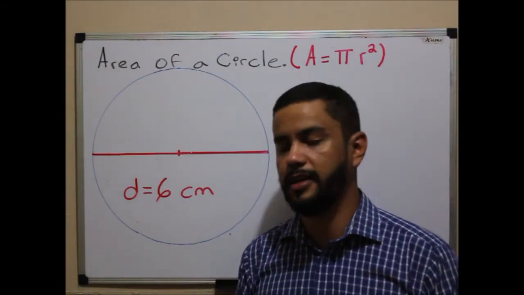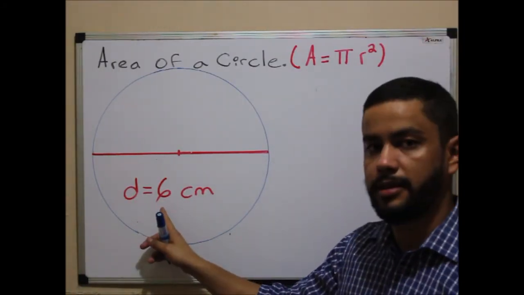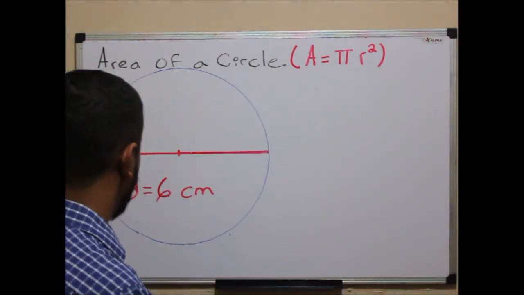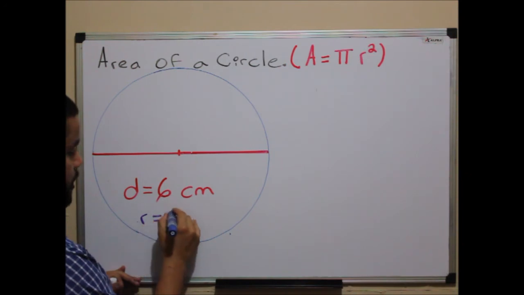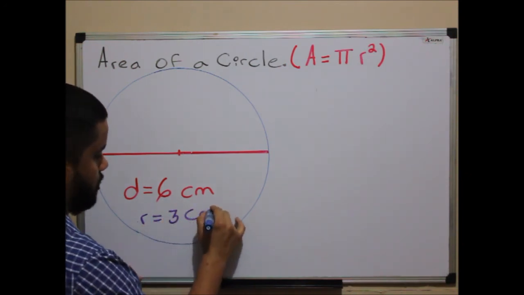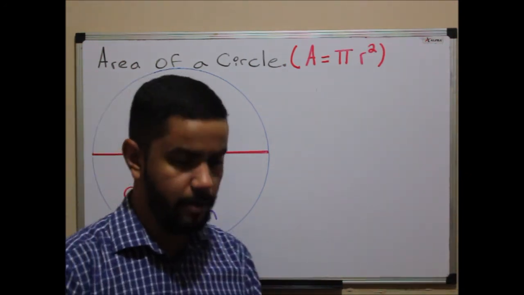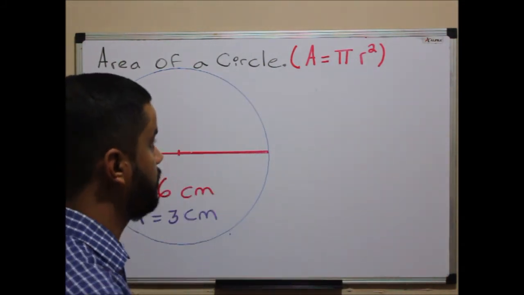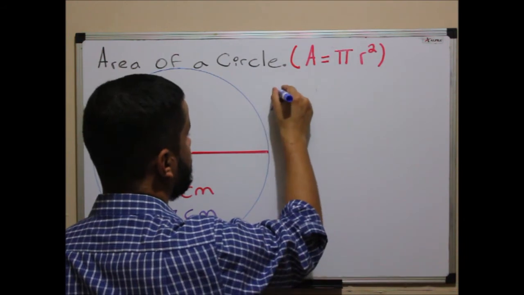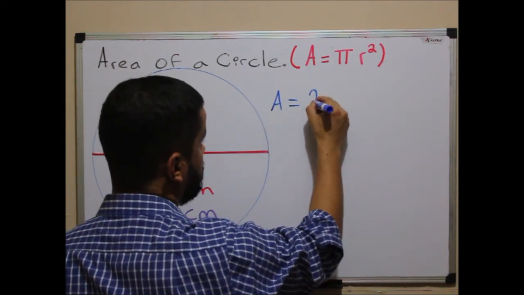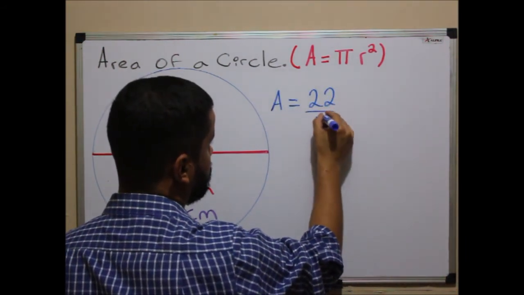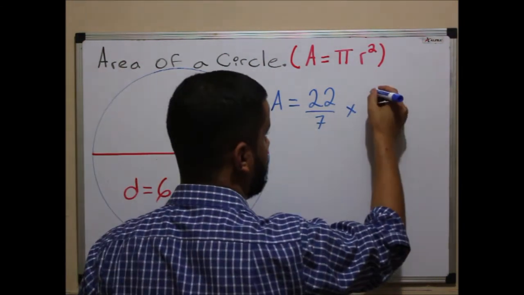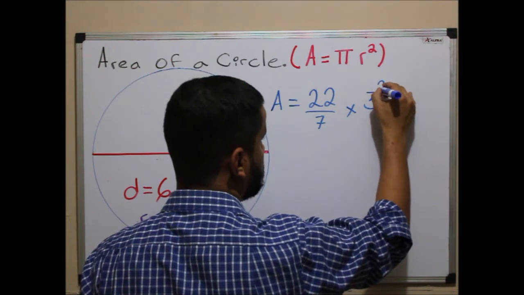The next example has a diameter of 6 centimeters, so we're going to divide 6 by 2 to get the radius. That means that the radius will be 3 centimeters. Knowing that, you're able to start finding the area. So the area will be equal to 22 over 7 times the radius, that is 3, so we're going to have 3 squared.